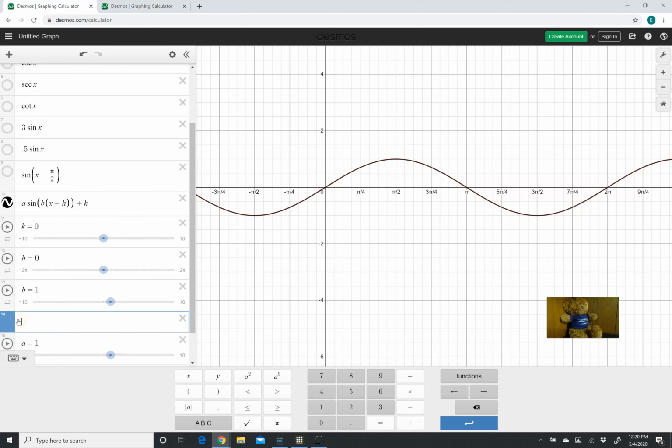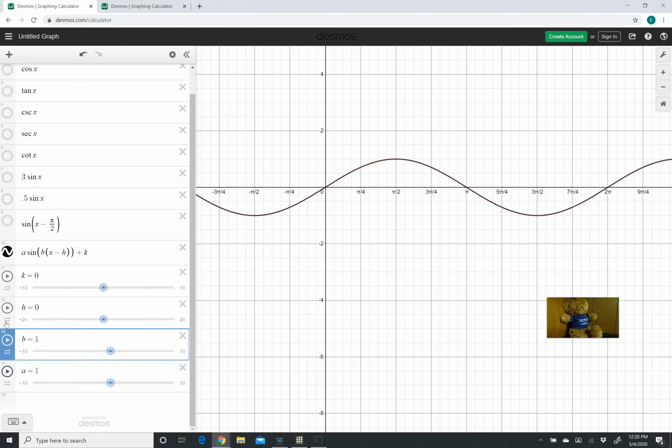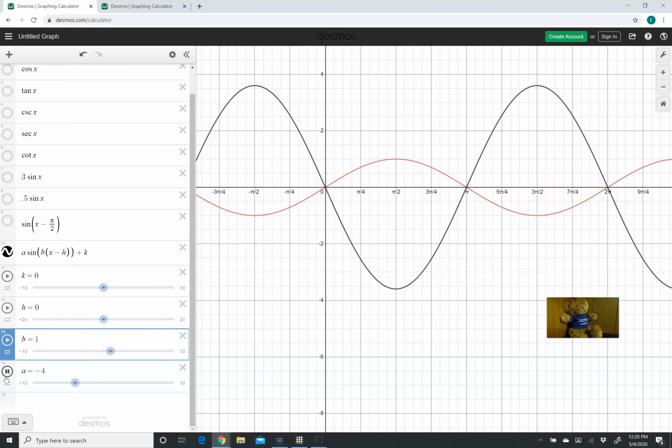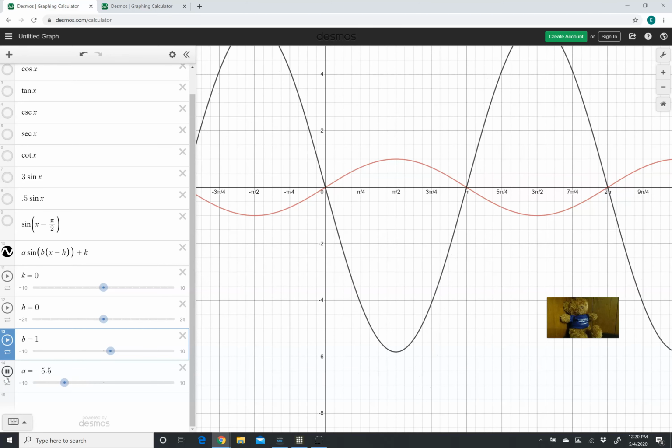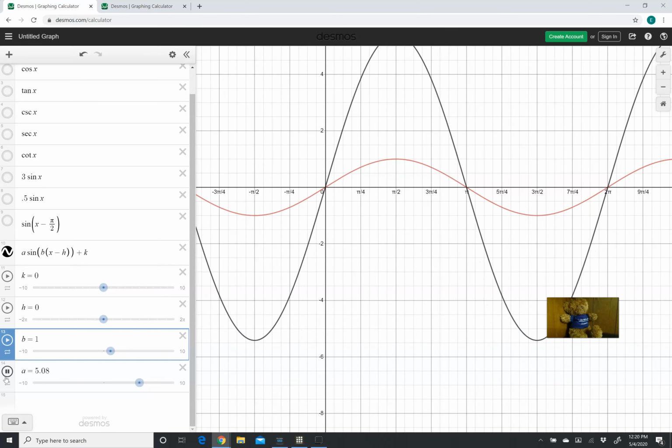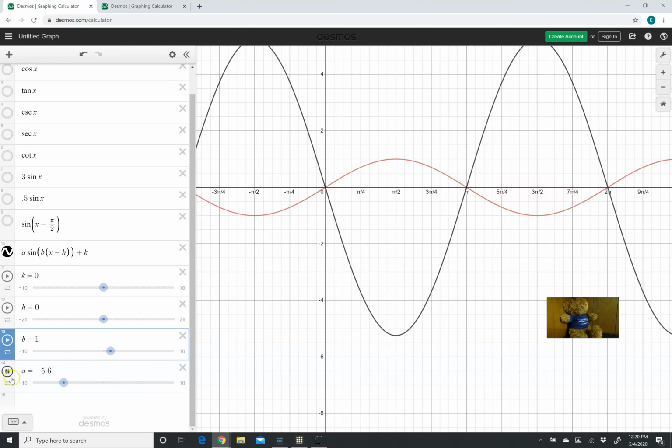Okay, and now let's do the A. So the A is going to vertically stretch it, or vertically shrink it. When the A gets really large, you can see that the maximums get very large, okay? And when the A gets small, then it's getting very small.